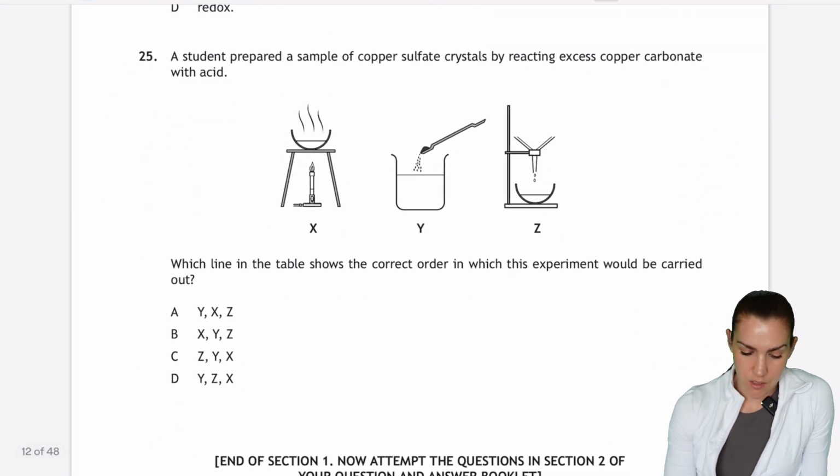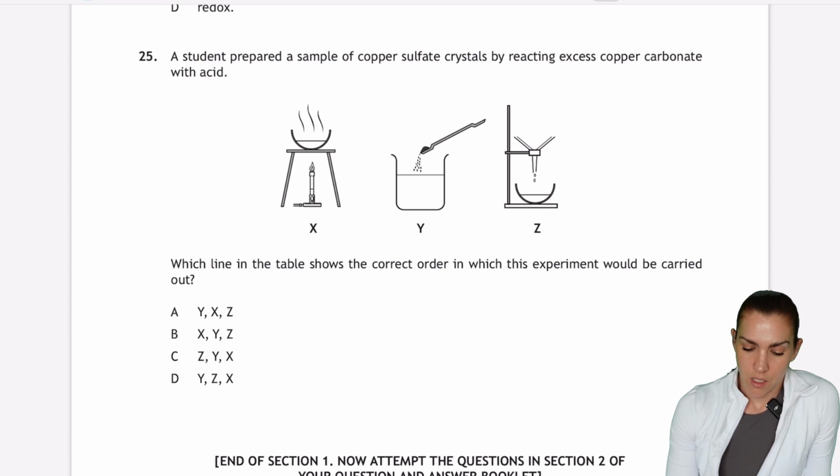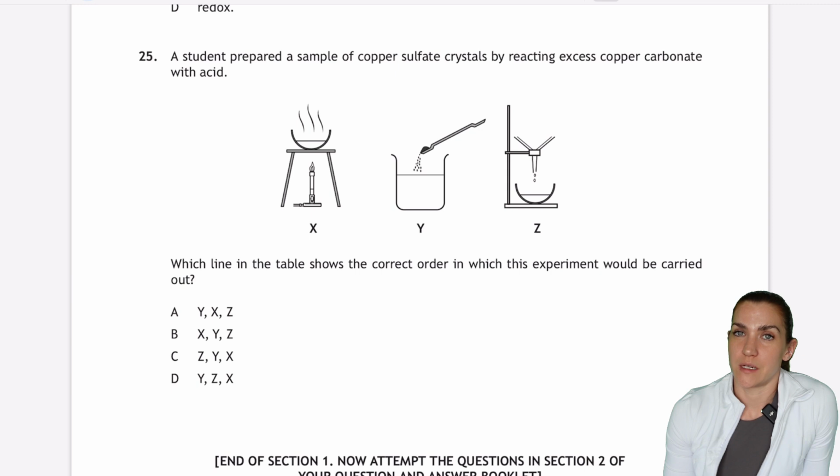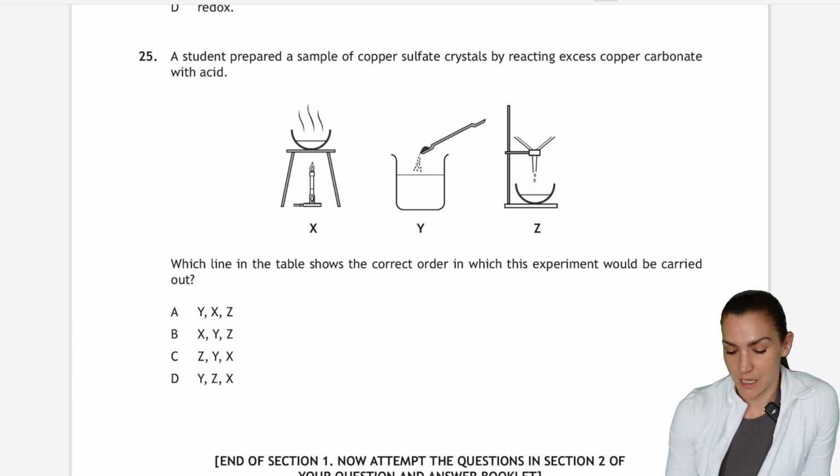And then last question, which order the experiment should be carried out in if you're preparing copper sulfate crystals. So when you're preparing the copper sulfate crystals, you need to add an excess of copper carbonate, as they said here, into an acid. That will fizz until you've added enough copper carbonate. It will fizz because you're producing carbon dioxide gas. So once the acid's completely reacted and completely neutralised, you won't get any more carbon dioxide gas being produced. That's how you know you've added enough of your copper carbonate.